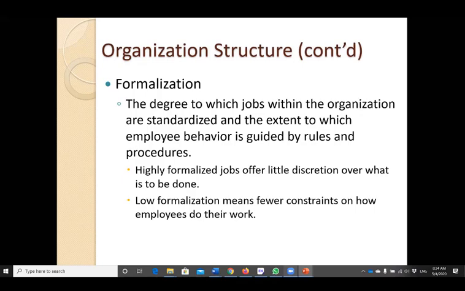It means the formalization must be less. But if you just want people to stick to the rules and follow the instructions to the letter, it means you will need a higher level of formalization, right?